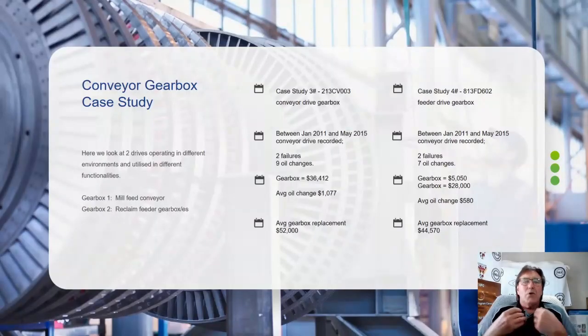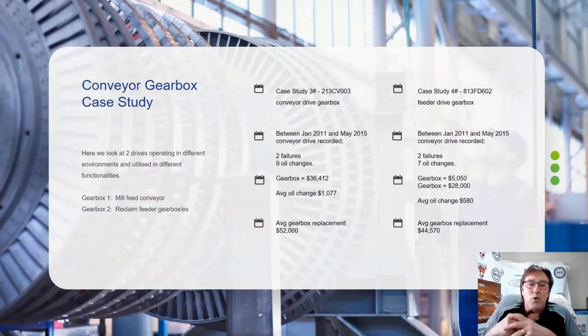Here we continue on and we're looking at case studies number 3 and 4. So different gearbox drives, different applications, be it vibration, be it overloading, etc. We've got 2 drives operating in different environments, utilized in different functionalities.